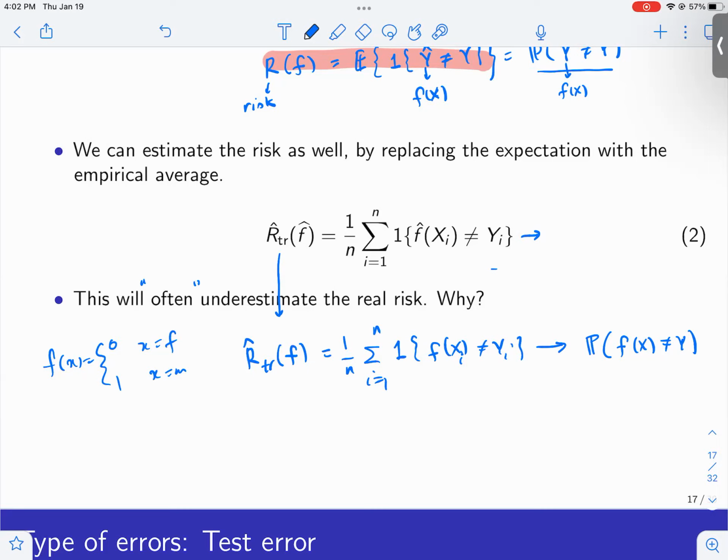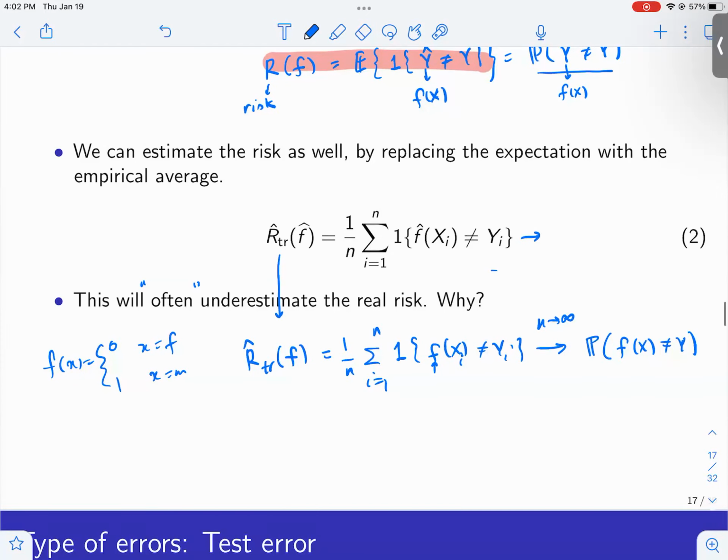I fix a function like that and claim that as n goes to infinity, as my training data grows, I'm not assuming that I'm training f on the data. I give you some f from somewhere. I fix this f. It has not seen the data that I'm using to evaluate it. So is this going to converge to this probability, which is what I want?